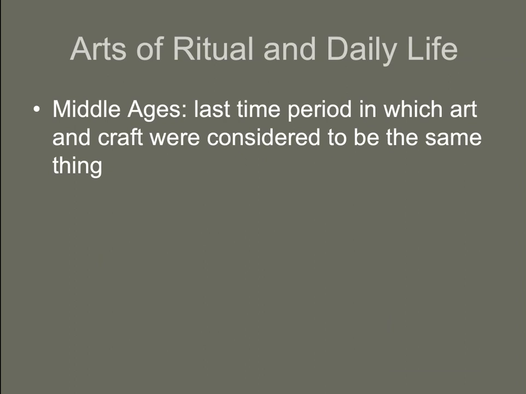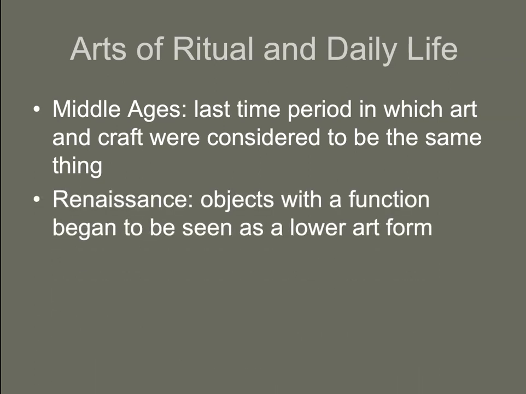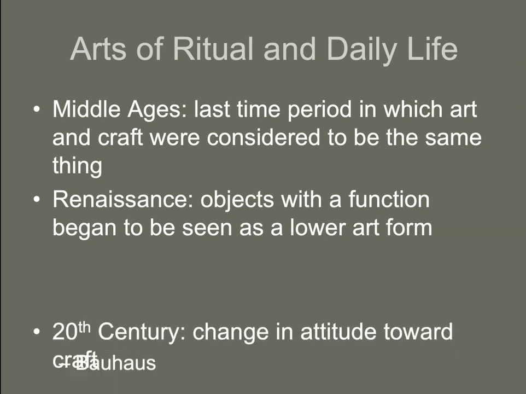So moving on to the next chapter, the arts of ritual and daily life. The Middle Ages was the last period in which art and craft were considered to be the same thing. In the Renaissance, objects with a function began to be seen as a lower art form and began to be labeled as craft.